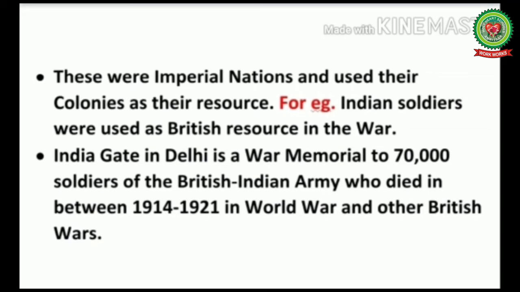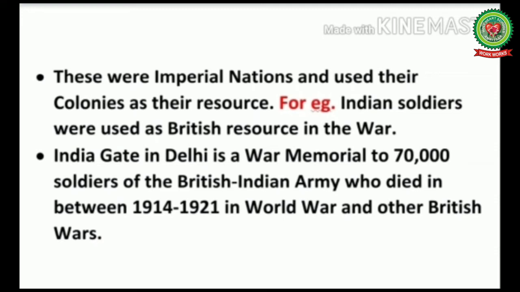No doubt these were imperial nations and they used their colonies as their resources, like the British were ruling over India and Indian soldiers were sent in the war without consulting the Indian Congress leaders, and even one group of the Congress disliked it, but ultimately it affected the sovereignty of Britain.